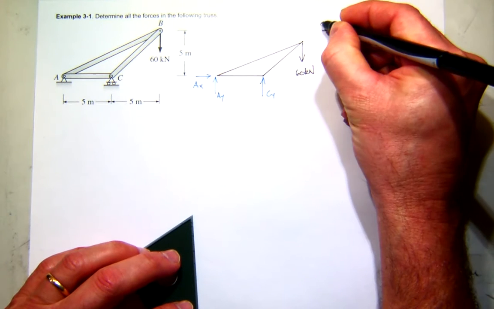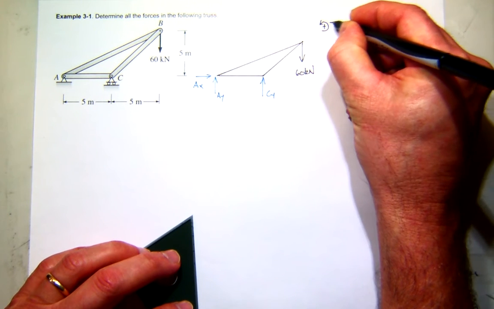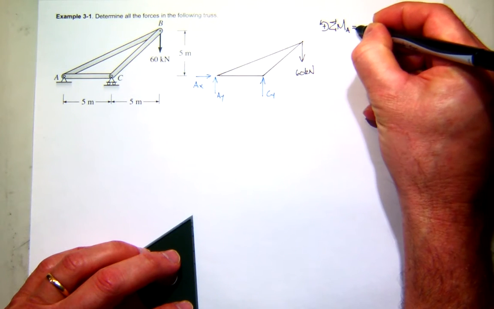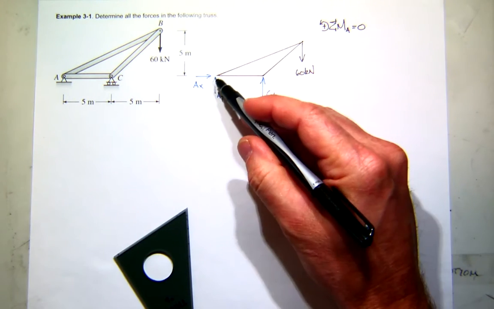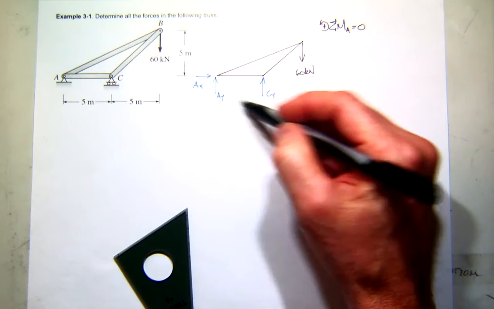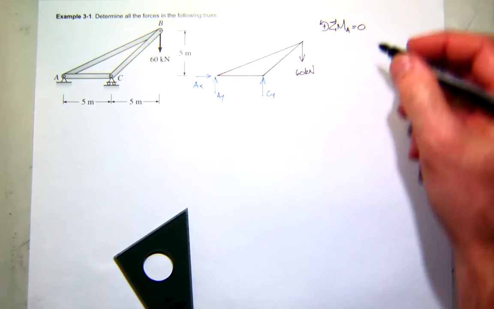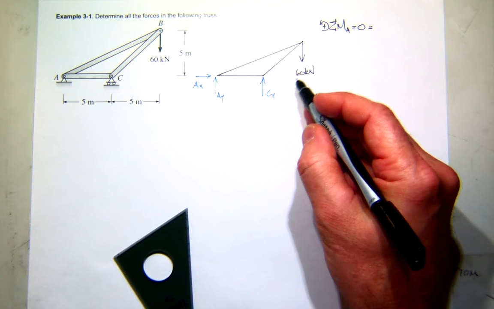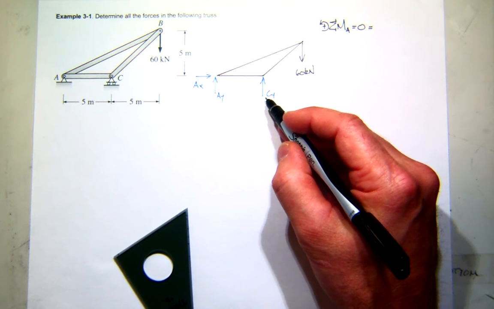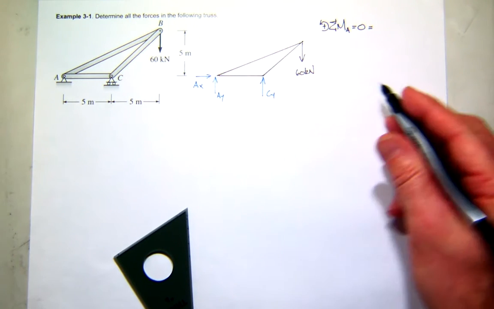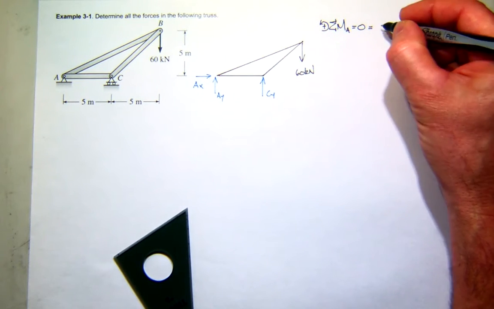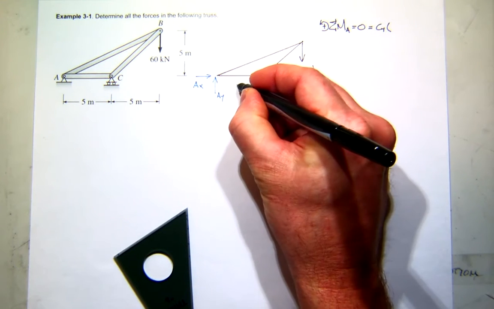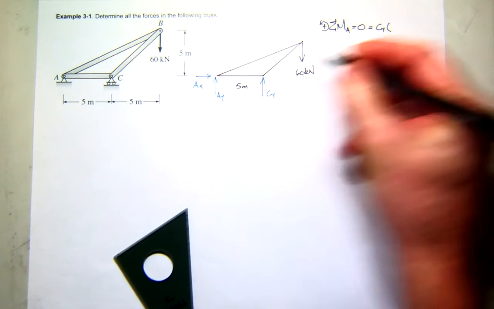I'll sum moments using right-hand rule for my sign convention, and I'll start at A. I want to make sure that about A, the moments for these forces are balanced. So using right-hand rule, my reaction CY is going to create what kind of moment about A? Positive or negative? Positive. So I'll have CY times this distance, which I forgot to write, it's 5 meters.